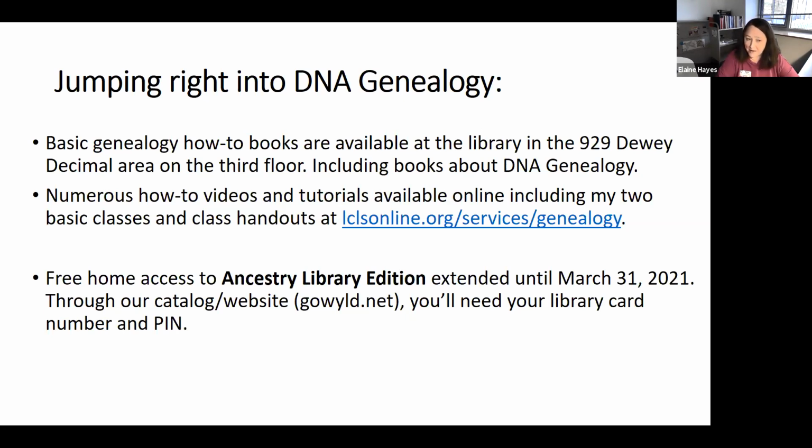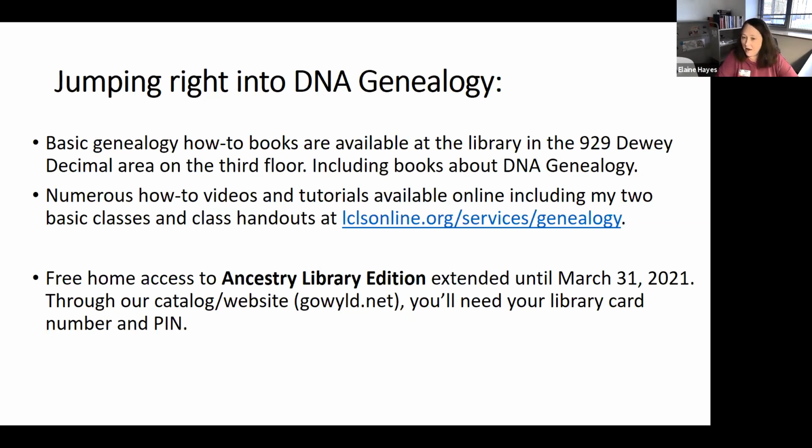And I also wanted to mention that we still have free home access to Ancestry Library Edition until March 31st, 2021, because Ancestry realizes that libraries are closed and people aren't going out as much. And so you don't have to come into the library up until March 31st, 2021 to search Ancestry.